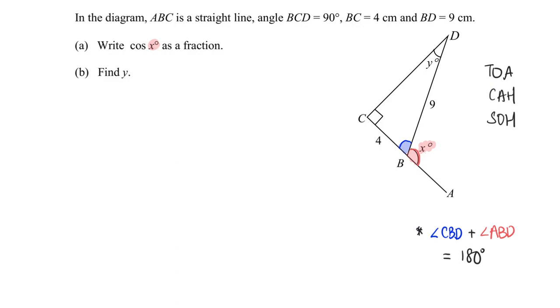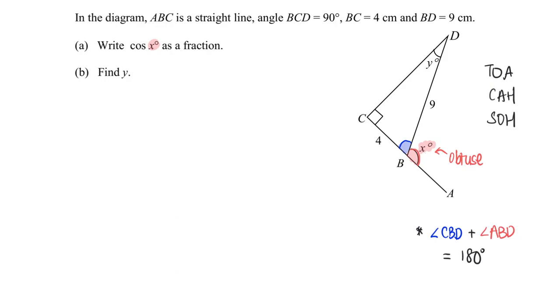The first thing I take note of is that x degrees is an obtuse angle. And there is a special relationship between the obtuse and the acute angle when they are supplementary.